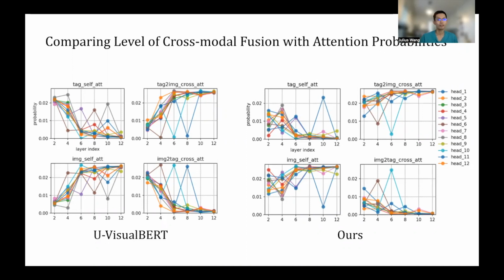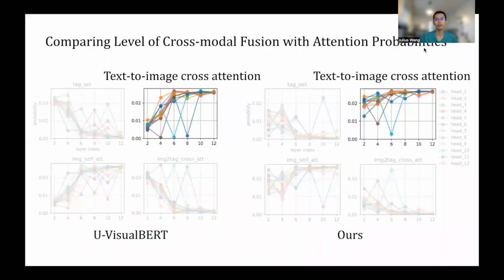Each curve shows how the attention probabilities evolve over layers for each attention head. The main message here is that if we look at text-to-image cross-attention probability values, our model achieves a higher level of cross-modal fusion already in the earlier transformer layers.